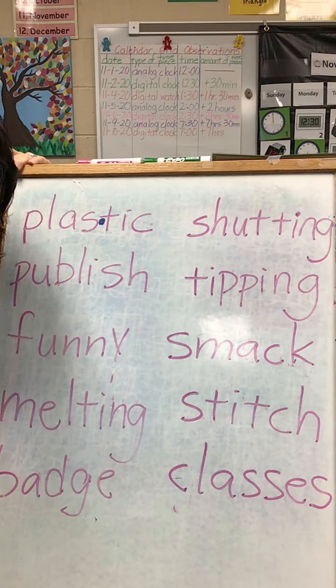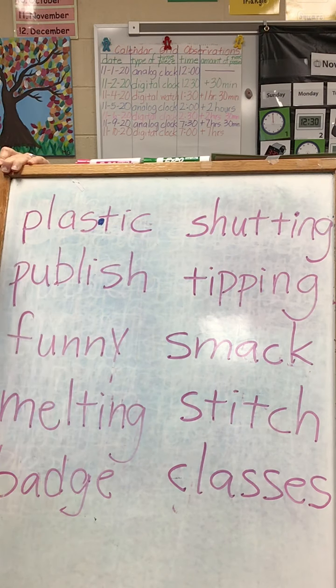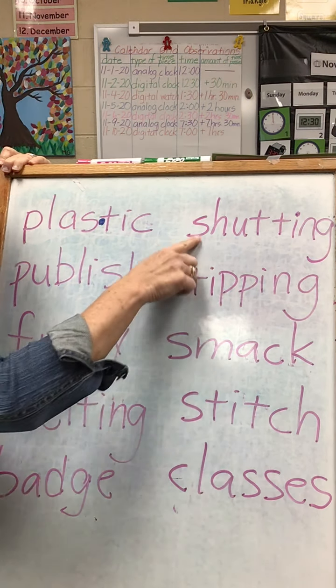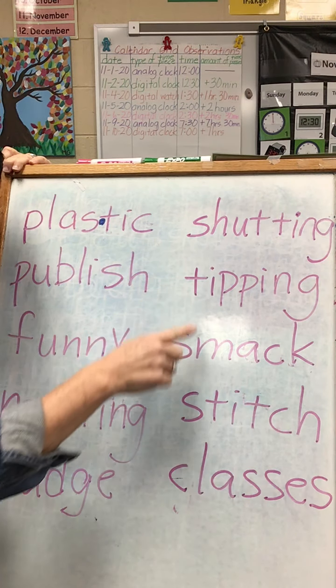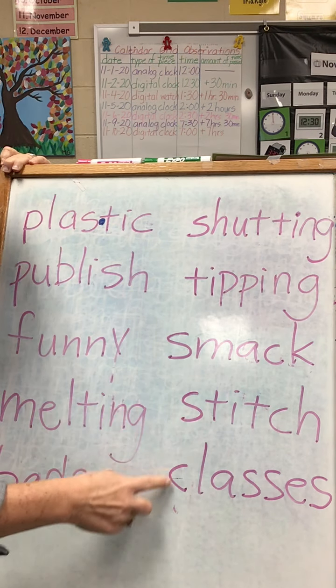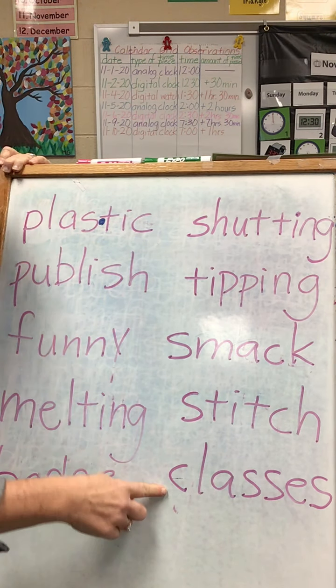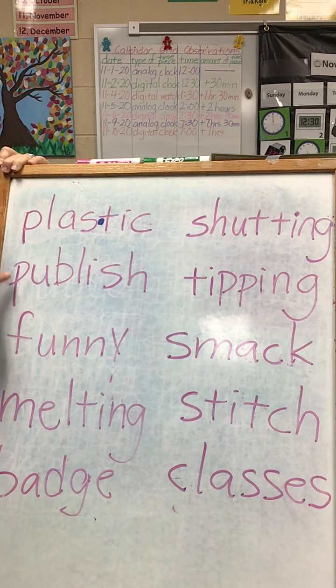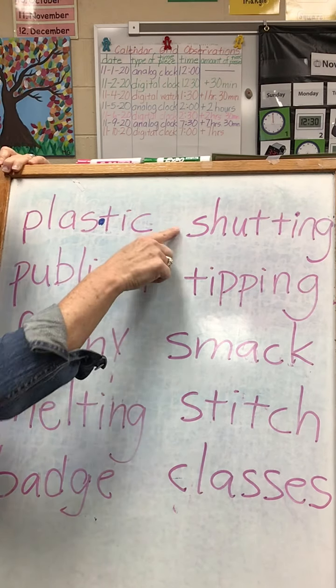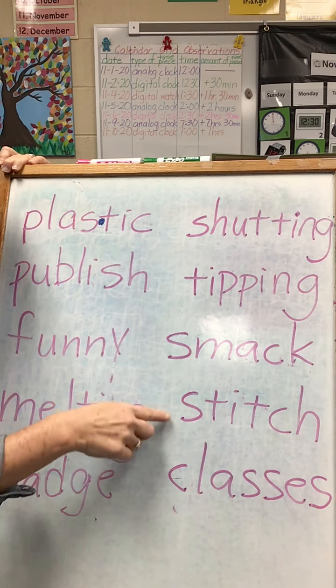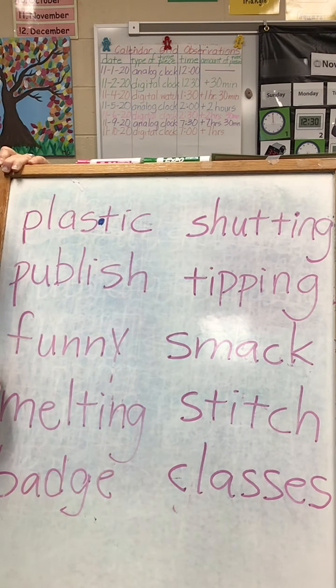All right, are you ready to do medium fast? Here we go. Plastic, publish, funny, melting, badge, shutting, tipping, smack, stitch, classes. A little bit faster. Plastic, publish, funny, melting, badge, shutting, tipping, smack, stitch, classes.